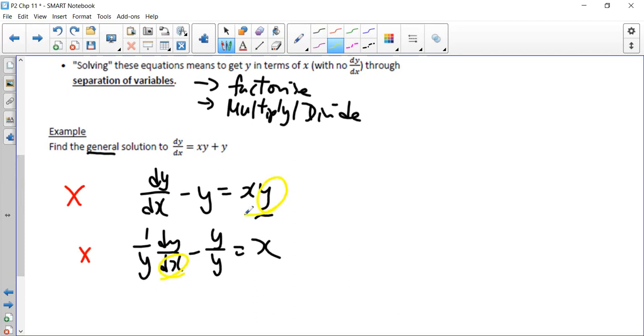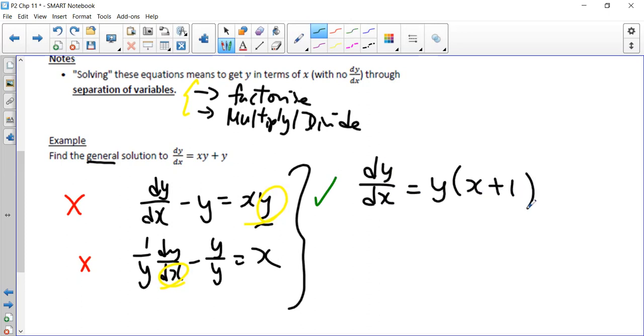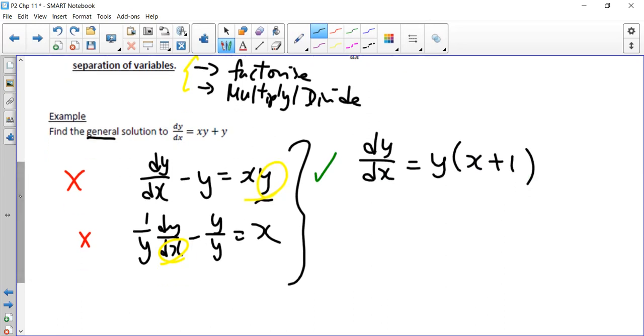So what do we do? Well, what we need to do is follow the two steps in here, usually factorize or multiply and divide. So this comes by experience. As you do more questions, you get more confident with it. Okay, so the correct one is, when you do dy by dx equal, we factorize the y. And then we're going to do something like a cross multiply, cross divide if you want to.